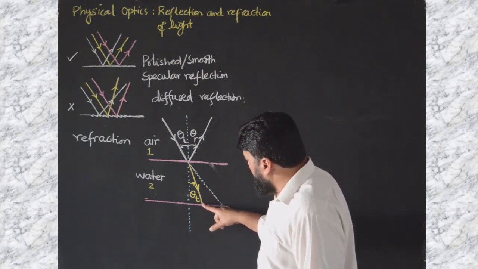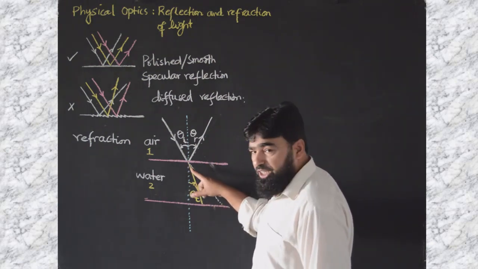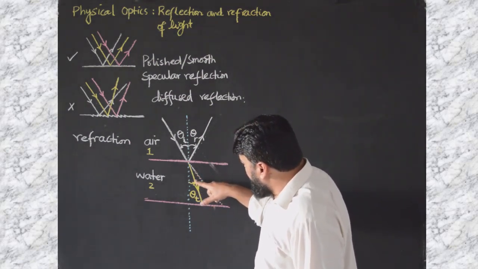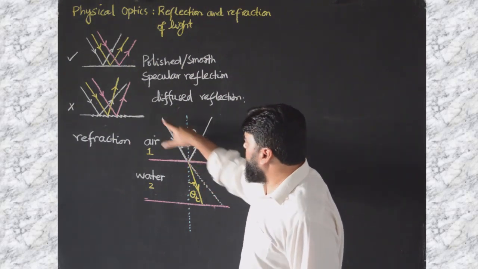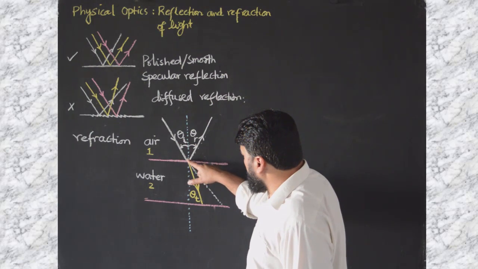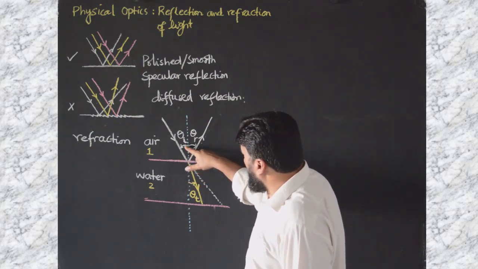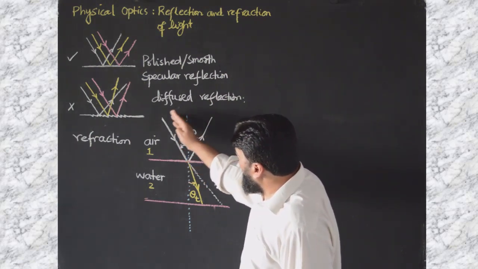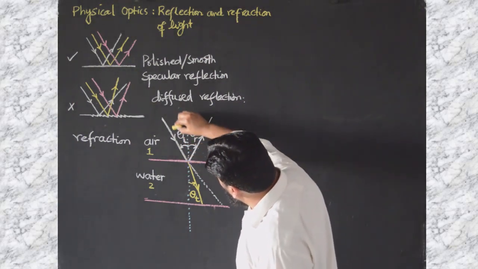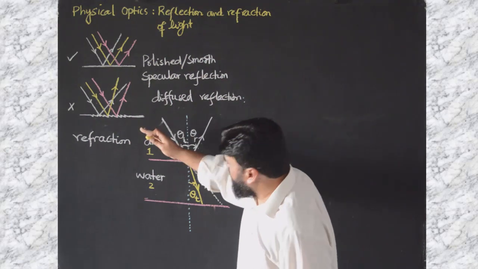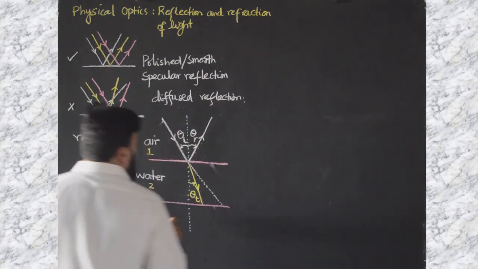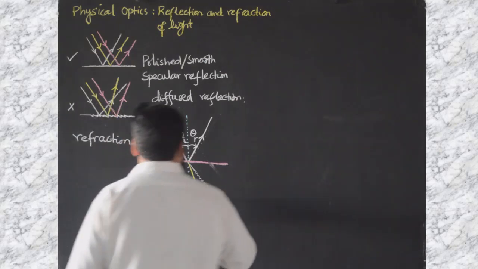If the light is going from this direction, then this will be the incident, and exactly on the same line the reverse is possible as well, that this is the incident, then this is the perpendicular line, and this will go away from this perpendicular line. Like for example, this is the actual line and it goes away from that line. It is true that the reverse is possible as well.